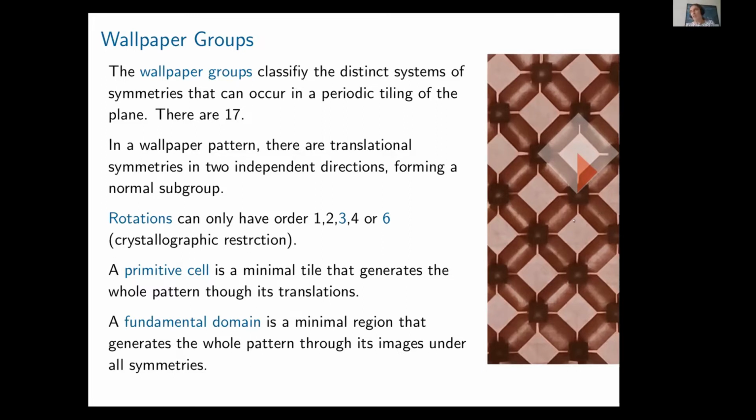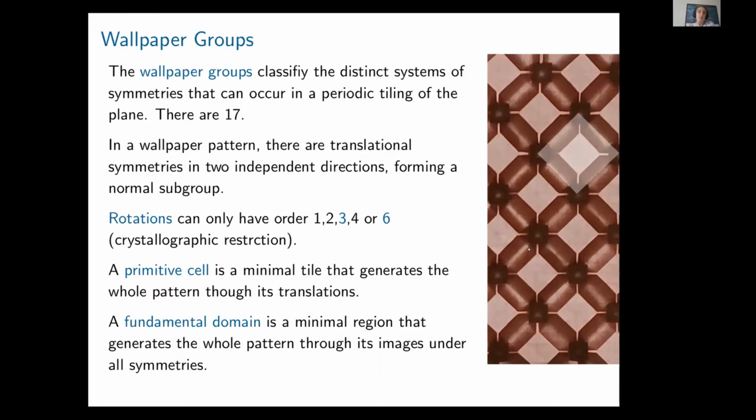That's a reflection of the entire pattern that would fill in this square for us, and then we can use the rotations around the center of the primitive cell to fill up the rest of the tile. So this little triangle, if we allow ourselves to apply all reflections and rotations to it, as well as translations, would actually generate the entire pattern. But if we only allow ourselves to use the translations, then this light colored square will do it.